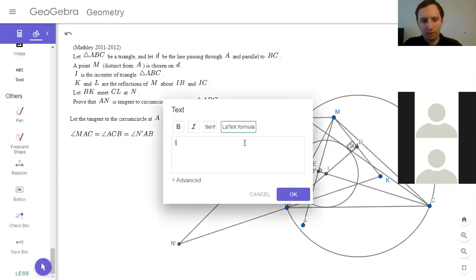That's true because we have angle MBA equal to angle IBA minus angle IBM, which is equal to angle IBC minus angle IBK, which is equal to angle KBC.